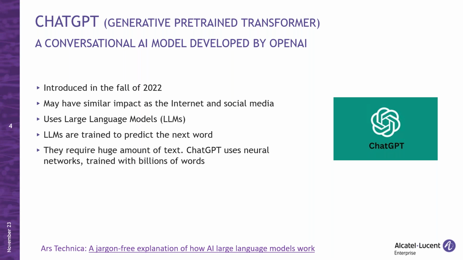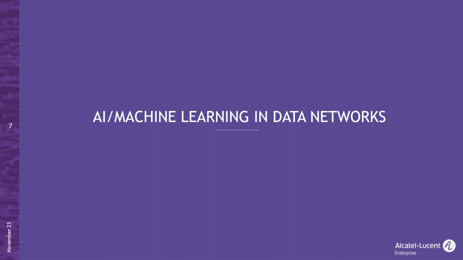It uses large language models. These large language models use neural networks and are trained to predict the next word, which requires a big amount of text. We are talking about billions of words inserted to increase the quality of the answers and the interaction with human beings. That is machine learning.